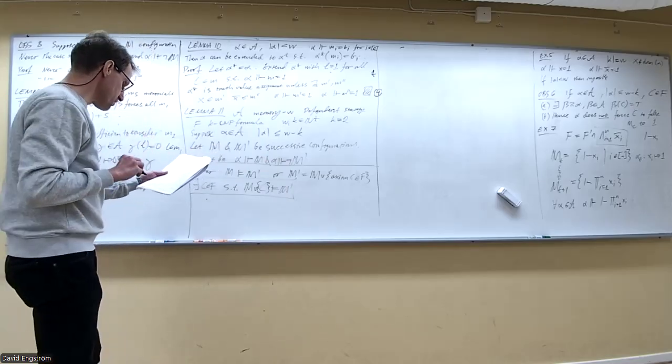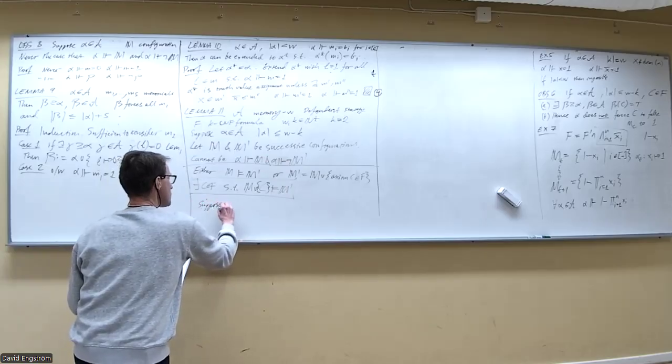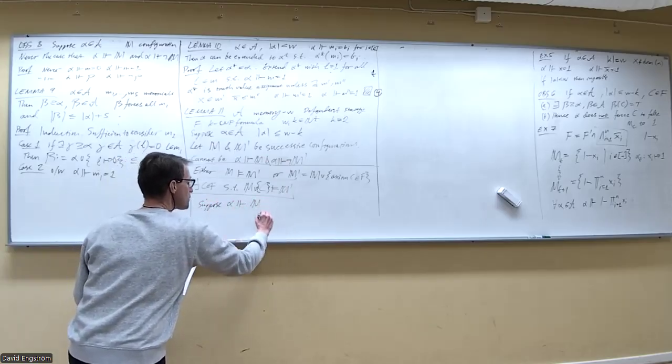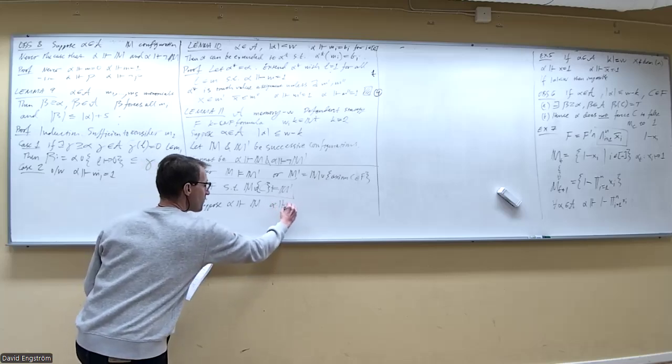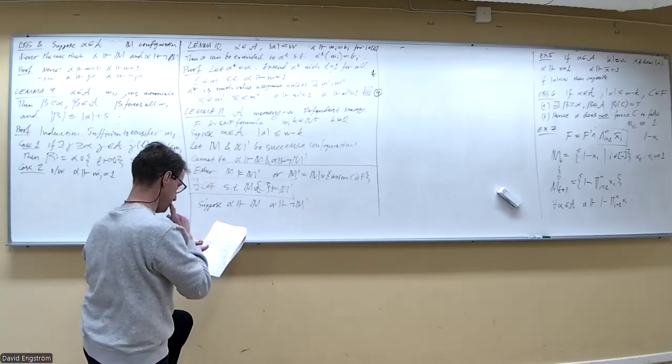So let's argue by contradiction. Suppose, in fact, alpha does force M to true, and alpha forces M prime to false.